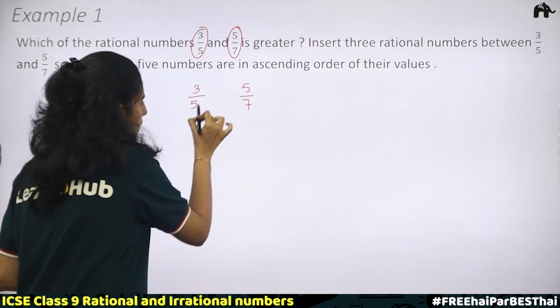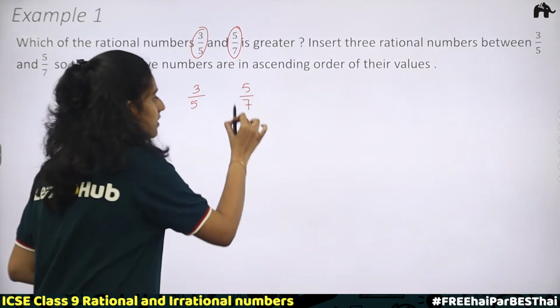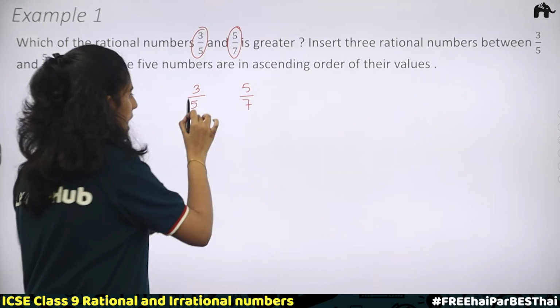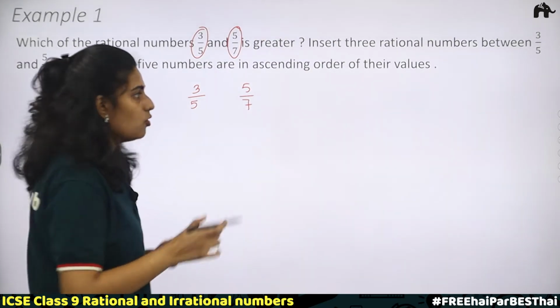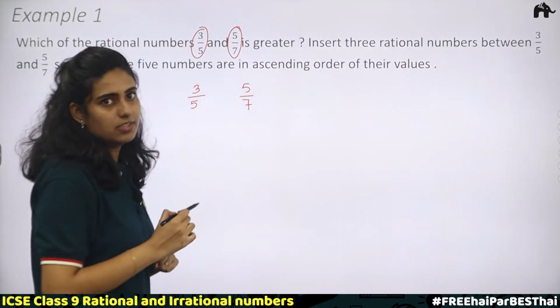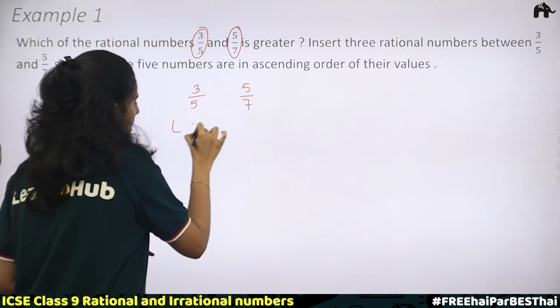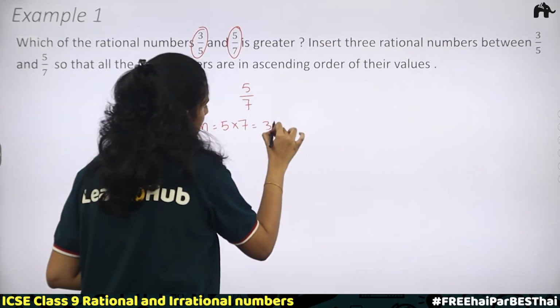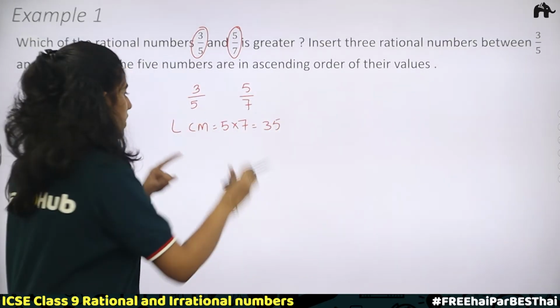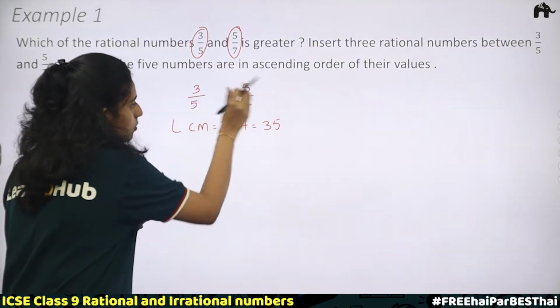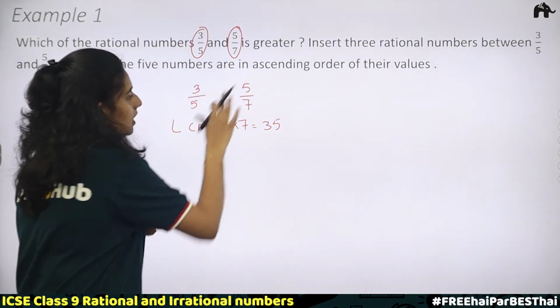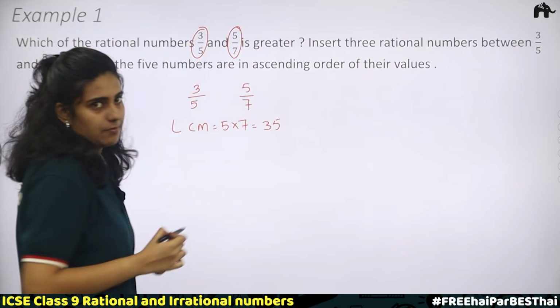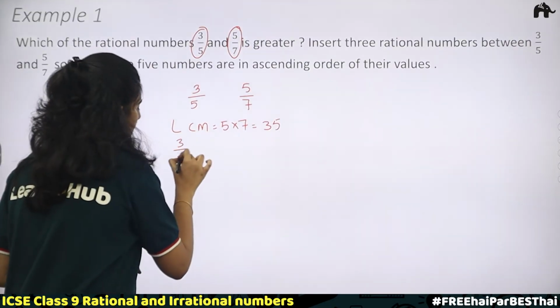Here we know 5 is a prime number and 7 is also a prime number. If you have prime numbers, to get the LCM, you have to take the product of these two numbers. So, what is the LCM then? LCM will be equal to 5 into 7, which is 35. So, we are going to make the denominator of both these numbers 35. 3 by 5.